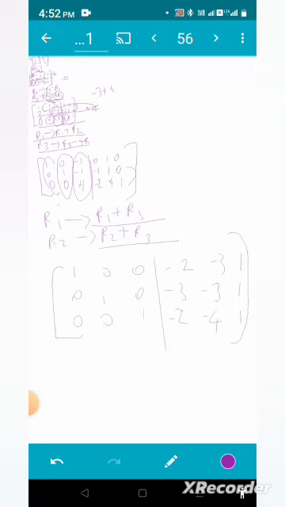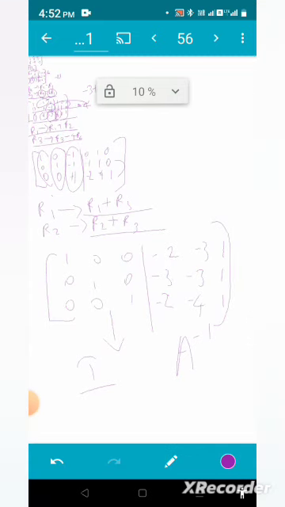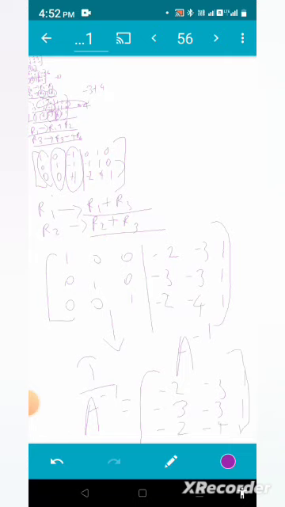From this we get the identity matrix. This is the A inverse value. A inverse is equal to minus 2 minus 3 1, minus 3 minus 3 1, minus 2 minus 4 1. This is the answer for this question. I hope you all understand this problem. We have to move to the next one.